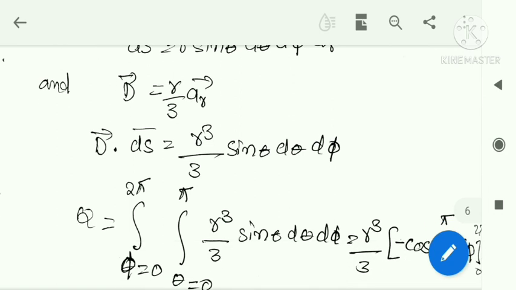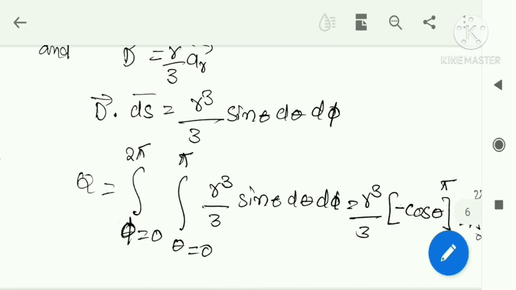So the dot product of electric flux density and differential surface gives a constant value, a scalar value which does not have any vector quantity in it. Now we have to integrate this over the surface. For the sphere, one angle varies from 0 to pi, along the theta direction, and the other from 0 to 2 pi along the phi direction.